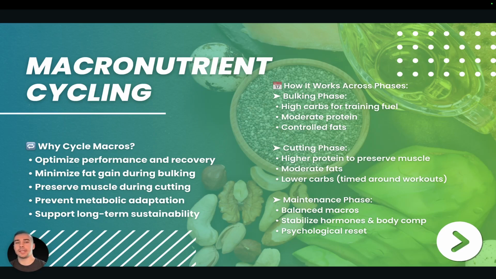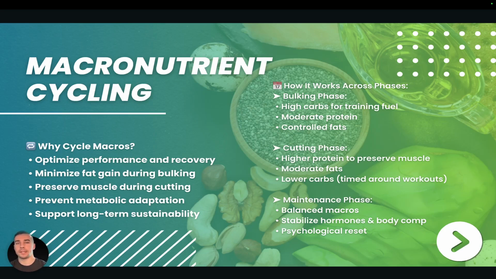So how it works across phases. If you're in a bulking phase, of course, you're going to have high carbs for training fuel. Keep in mind, when we're talking about bulking, usually we're talking about muscle gain, or overall wanting to gain. With the high carbs, you want to focus on complex carbs. This isn't just any carbs.